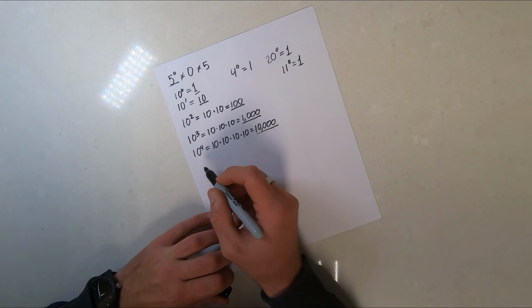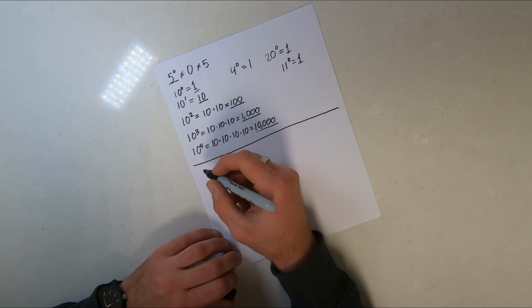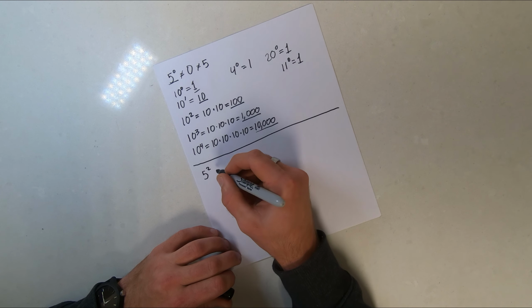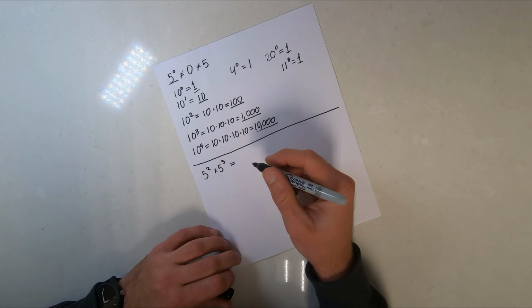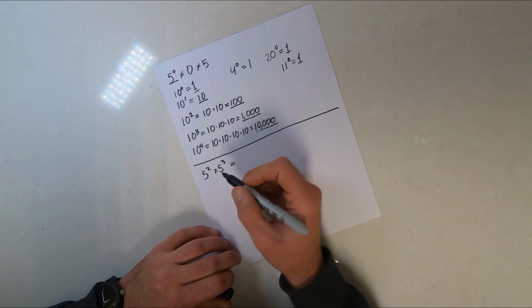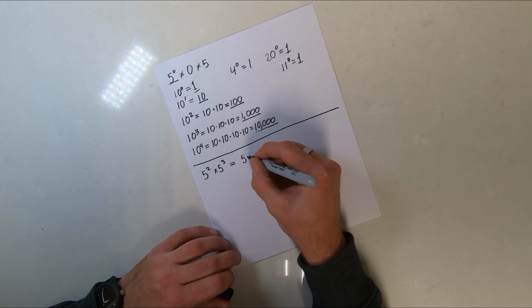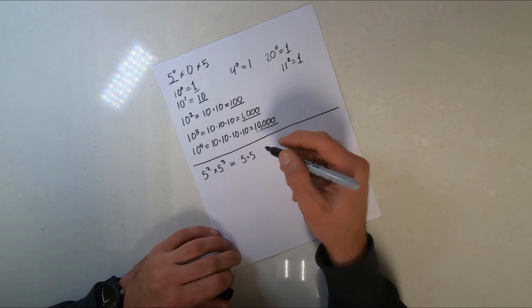First, let's take a look at what happens when we're multiplying exponents. Let's say we have 5 to the second power, 5 squared, and it's multiplied by 5 cubed. Now we know what 5 to the second power means. It means 5 multiplied by 5. And we know what 5 to the third power means.